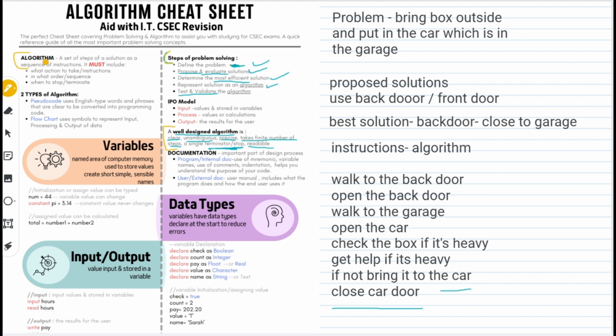An algorithm is a set of steps of a solution, with instructions as to how to do something. So it must have an action. What actions are you going to take, or instructions you're going to give it? What is the order in which you're going to do the instructions, and when to stop?